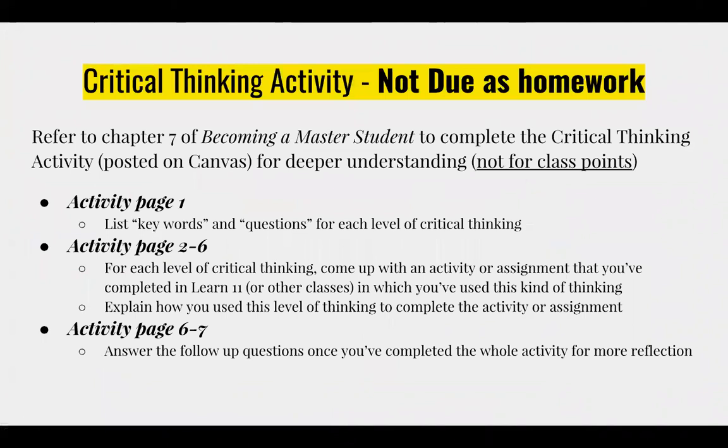It's there for you. And then the activity pages 2 through 6 are going to have you come up with activities or assignments for each level of the pyramid where you have used these particular forms of thinking or critical thinking, and then explain how you went about doing that.